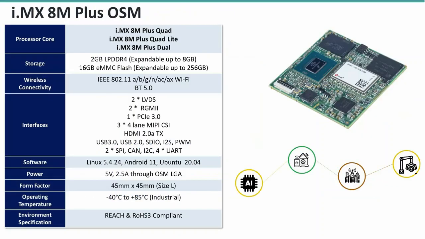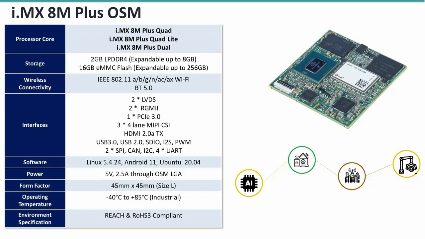Now looking at the specifications of the 8M Plus OSM, the 8M Plus, as you know, is built for edge AI applications, where it is integrated with a neural processing unit operating at up to 2.3 tera operations per second. So the OSM has scalability from the dual-core Lite to the i.MX 8M Plus quad-core. It is also built with provision for Bluetooth and Wi-Fi 6.